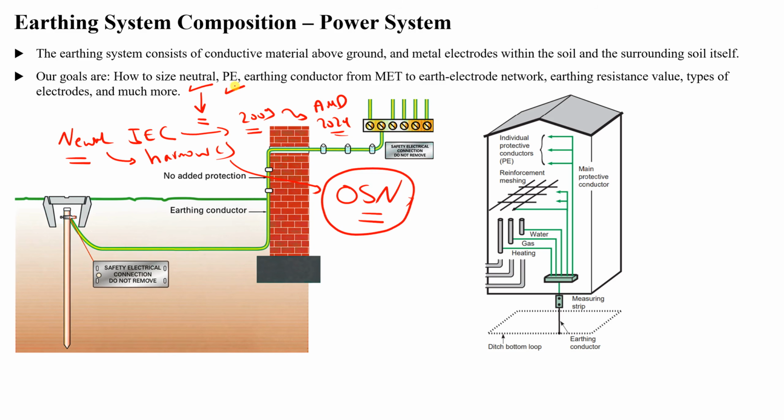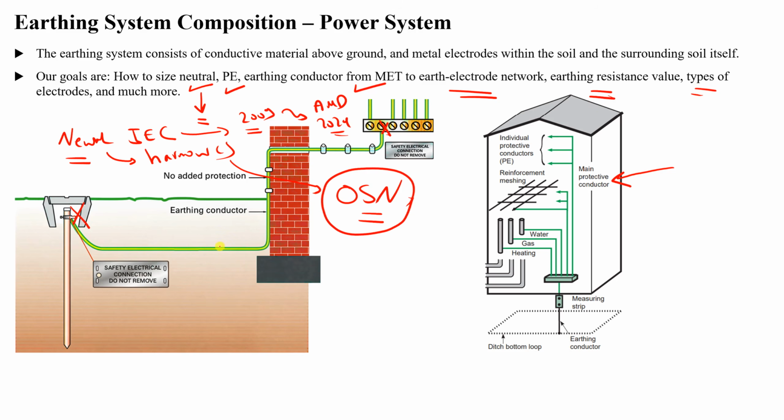Then we want to discuss how to design the protective earth in another video. Then the earthing conductor from the MET to the earth electrode system, or earth termination system, or earth network. All of these are exactly the same terminology. Then we're going to discuss the different earthing values based on different standards, then types of electrodes and their mathematical equations, and soil resistivity and how to improve it.